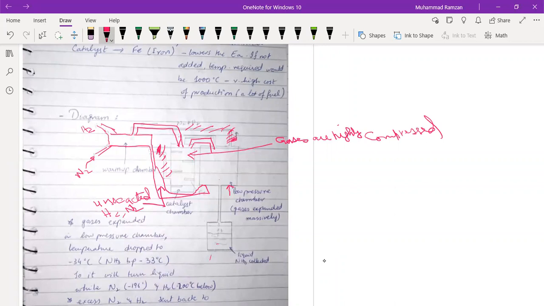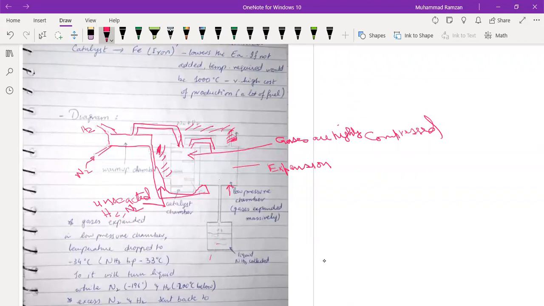In the low pressure chamber, gases will expand to the maximum, and expansion occurs over here.